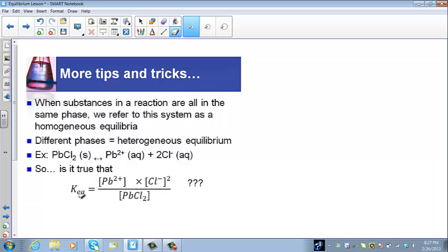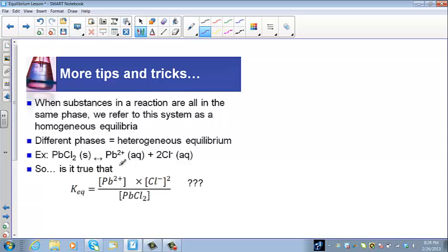When substances in a reaction are all in the same phase, we refer to the system as a homogeneous equilibria. Different phases is a heterogeneous equilibria. For example, you have PbCl2 solid yielding Pb2+ aqueous and 2Cl- aqueous.